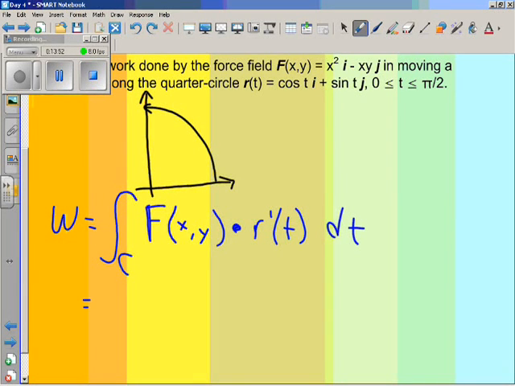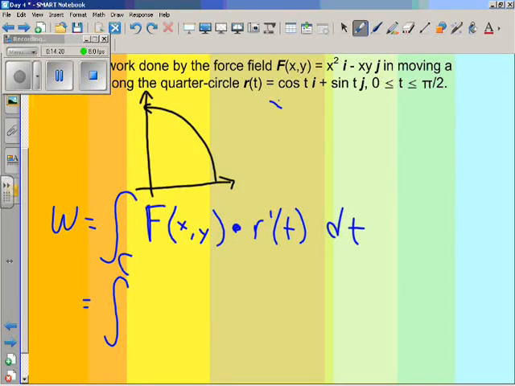And so when we switch coordinates, what is F of x y going to look like? When we want to switch that, integrating this with respect to our parameter t, what is F of x y going to look like if we switch to our parameters?